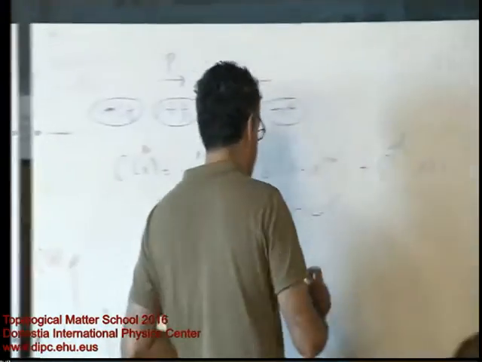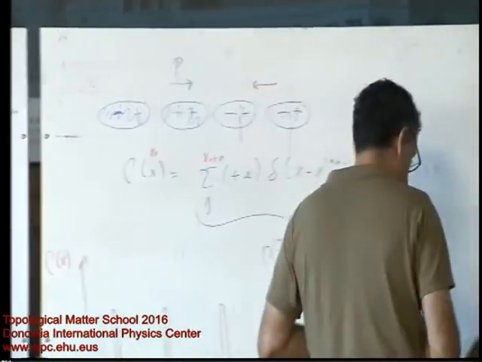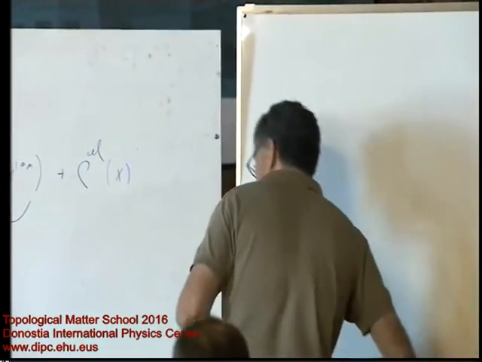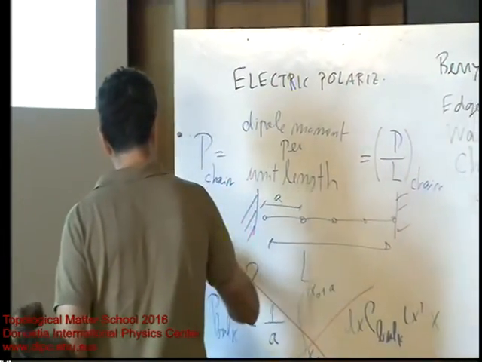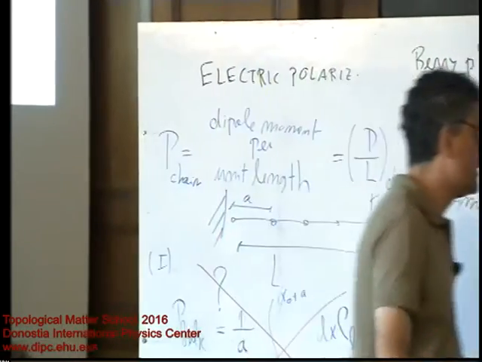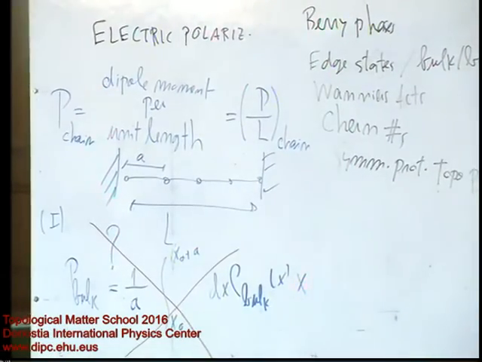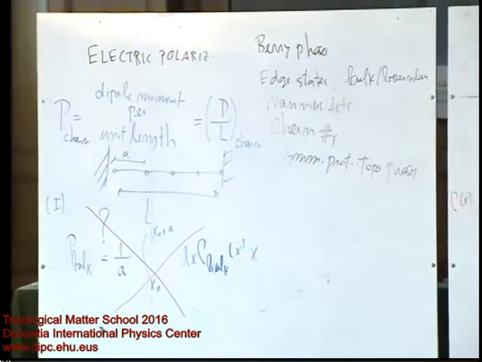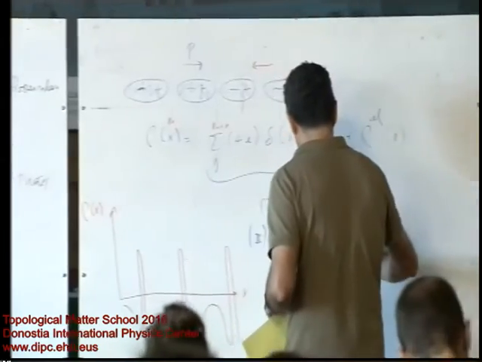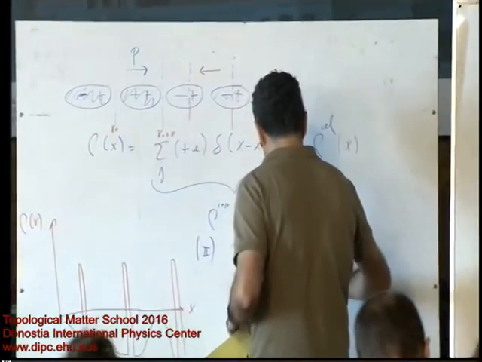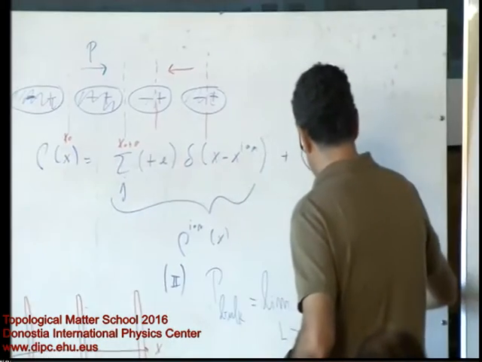So, proposal number 2, if this was proposal number 1 that we crossed out, proposal number 2 would be, let's try to define the bulk polarization as the limit of L going to infinity of the polarization of a finite chain.